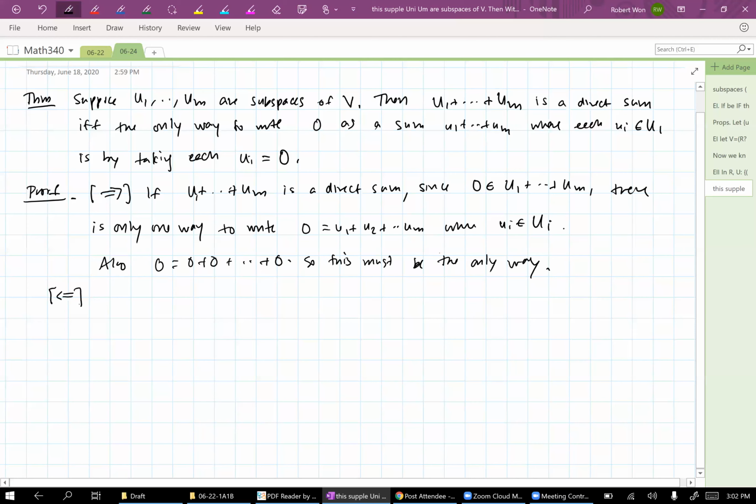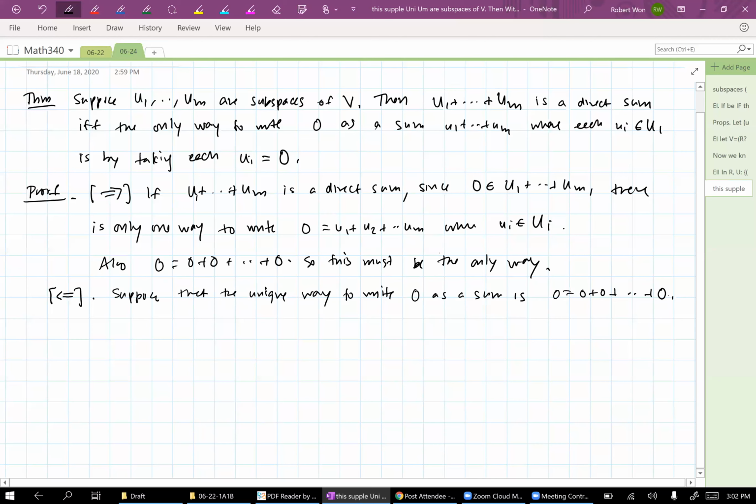What about this direction? I need to show that if 0 has a unique representation as a sum, then actually every element has a unique representation as a sum. Okay, so let's suppose that the unique way to write 0 as a sum is just as a sum of zeros.